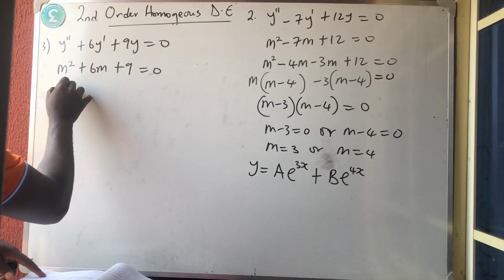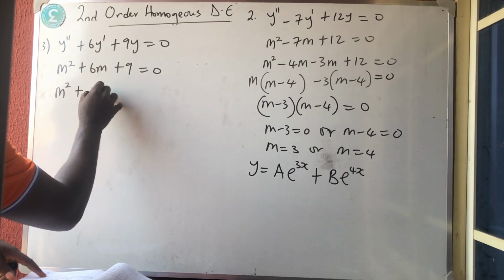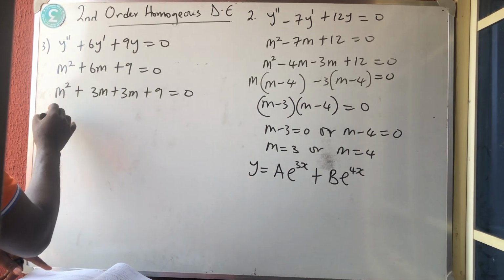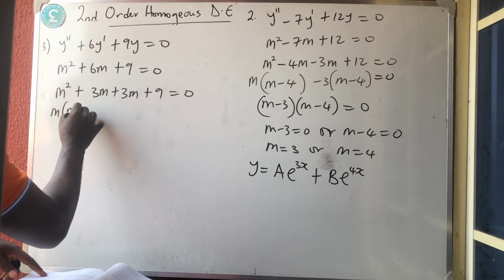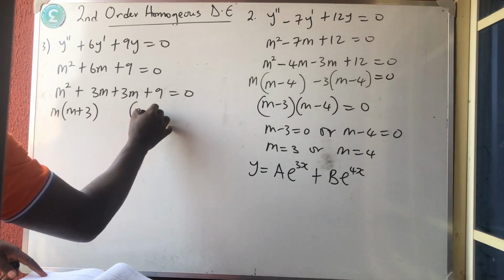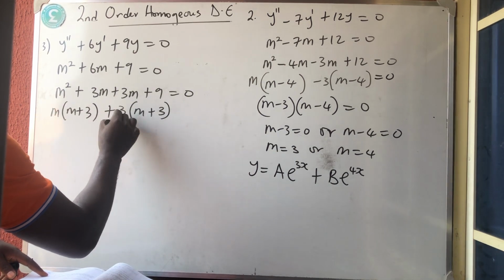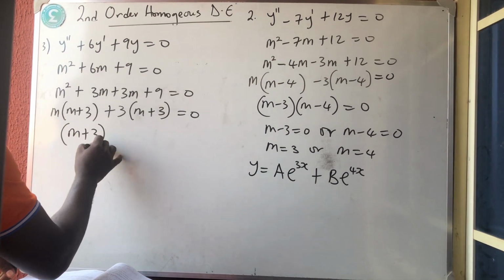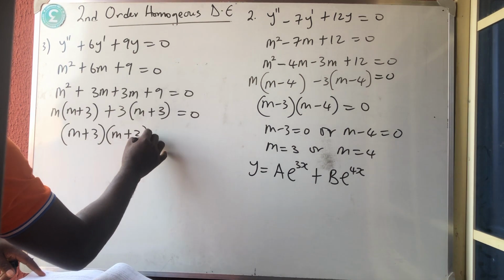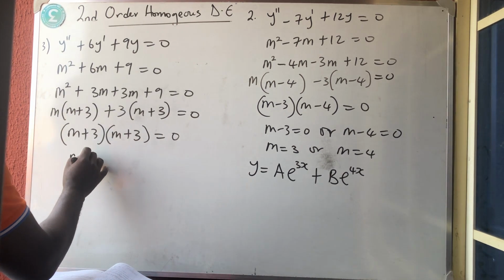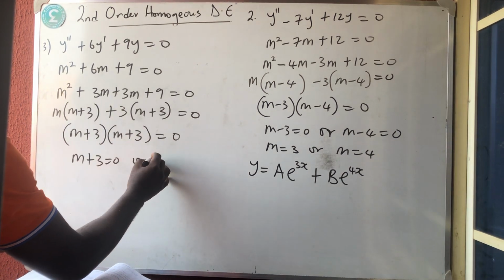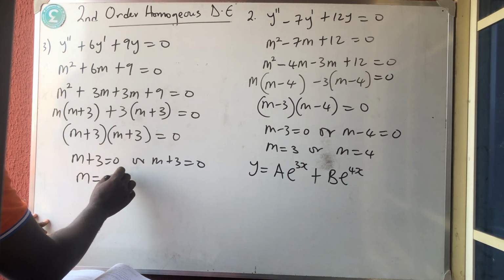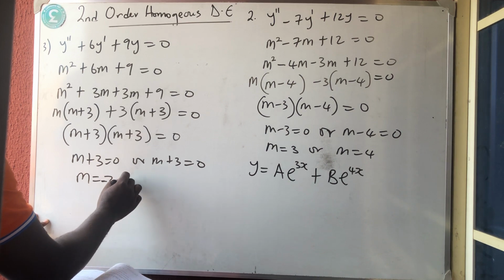So m squared plus 3m plus 3m plus 9 is equal to 0. So I'm having m bracket m plus 3, m plus 3 here is equal to 0. So I'm having m plus 3 and another m plus 3 is equal to 0. So m plus 3 is 0 or m plus 3 is 0. So finally I'm having that m is equal to minus 3 twice.